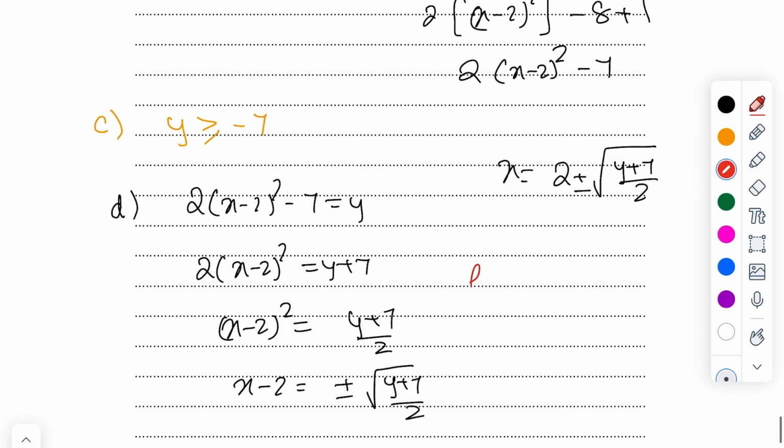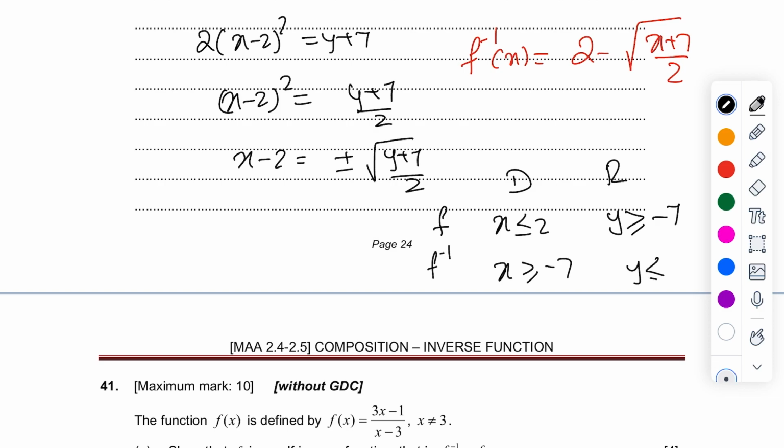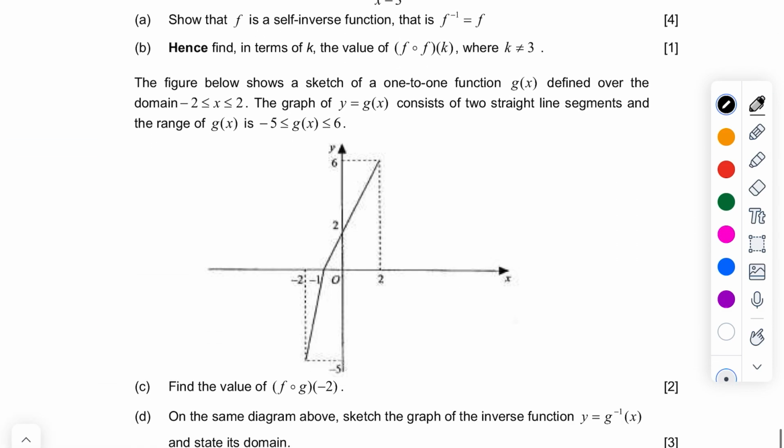So my f inverse of x will become 2 minus square root of x plus 7 upon 2. What is the domain and range? So we know that for f, x is less than or equal to 2, y is greater than or equal to negative 7. They get swapped. So x is greater than or equal to negative 7, y is less than or equal to 2.